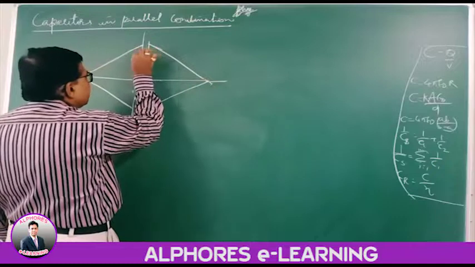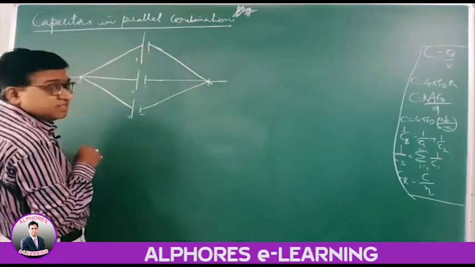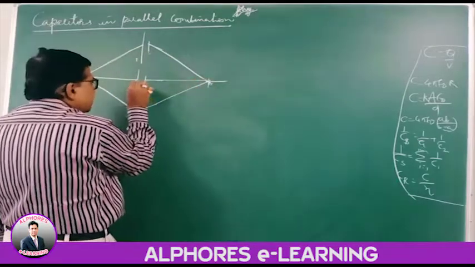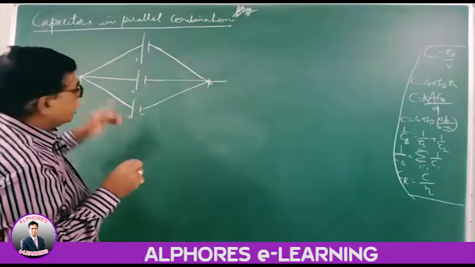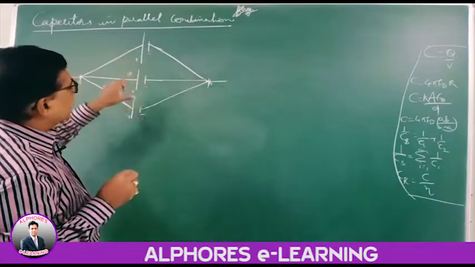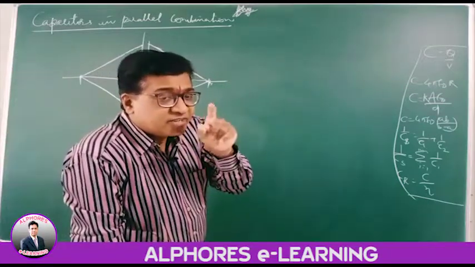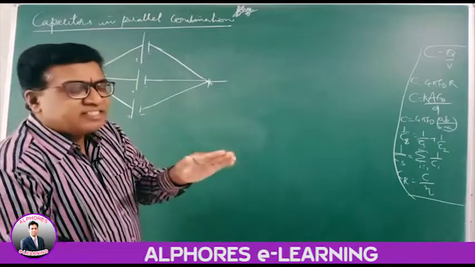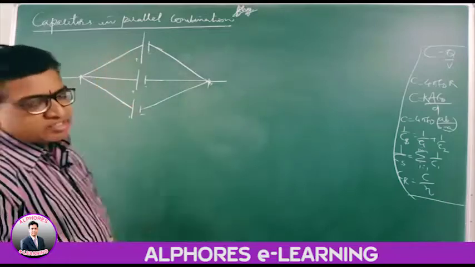So the potential difference between these two terminals is the potential difference between these 2 points. Similarly, even this element is also connected to these 2 points, so the potential difference is the same. Even for this also same. So all the elements are connected between the same pair of points, and the potential difference across each element will be the same as the potential between those 2 points. Hence, in parallel combination, potential difference across the elements remains constant.